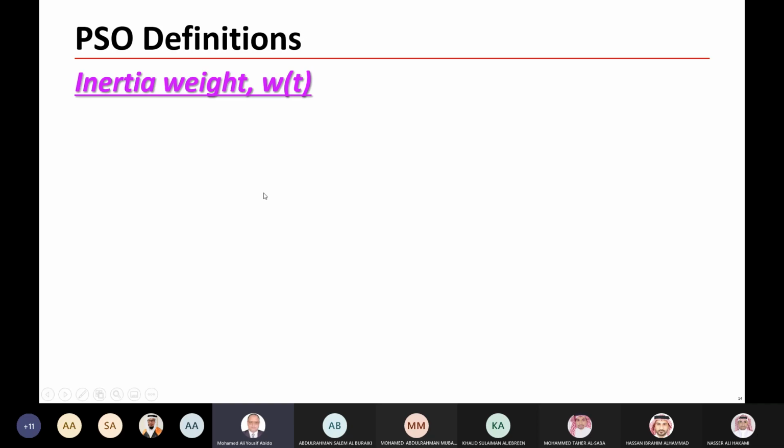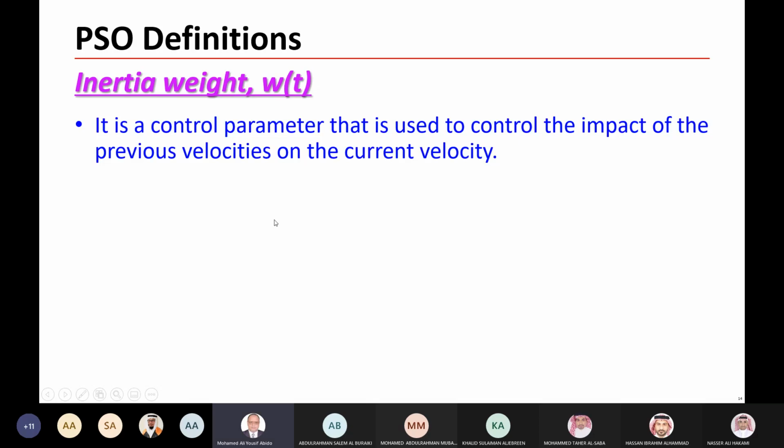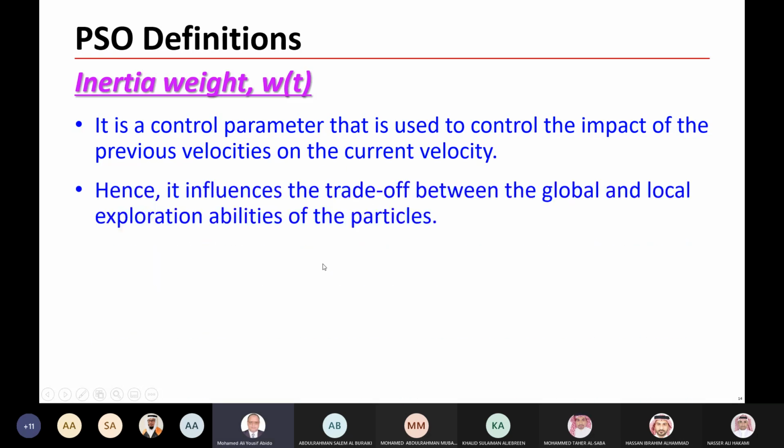The relation between the updated, or new, velocity and the old velocity is given by what we call the inertia factor. It is a control parameter that is used to control the impact of the previous velocities on the current velocity. So it influences the trade-off between the global and local exploration capabilities of the particle.